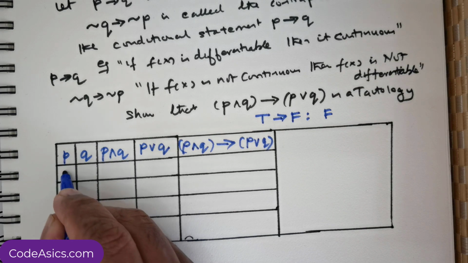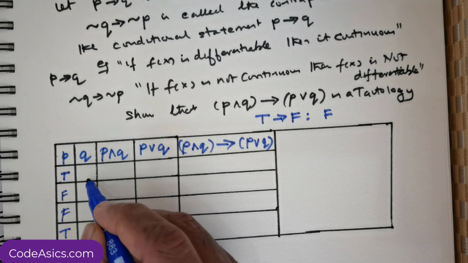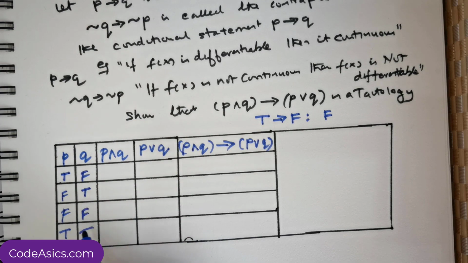So let me start here. This is T, F. This is the table that we are using, F and T, and this is F, T, F, T. These are the values that we are taking in.